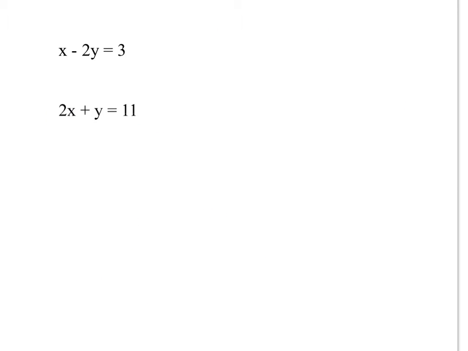Looking at this guy right here, we want to solve one of these equations for either x or y. It probably doesn't matter. Let's just take the first one and let's solve that for x. So I'm going to add the 2y to both sides. So I'm going to get x is equal to 2y plus 3.